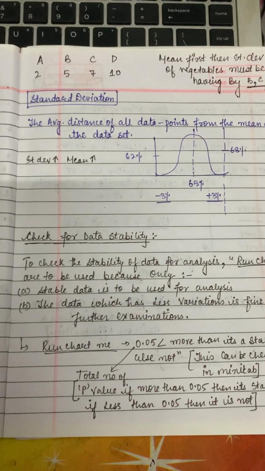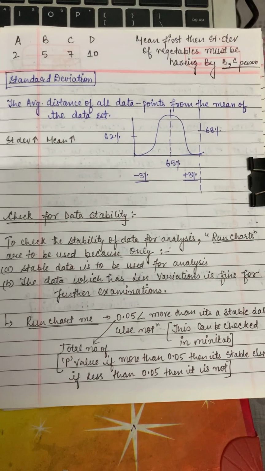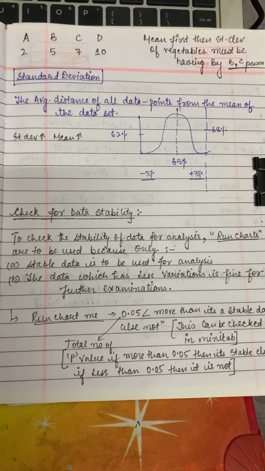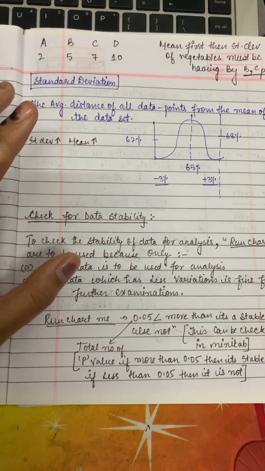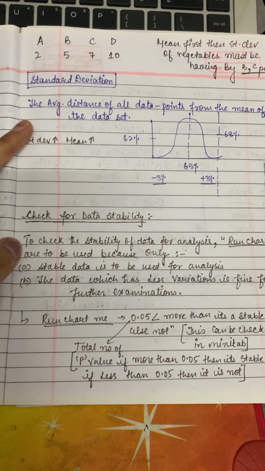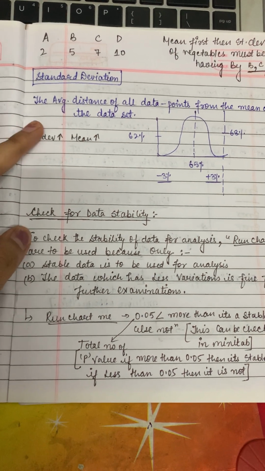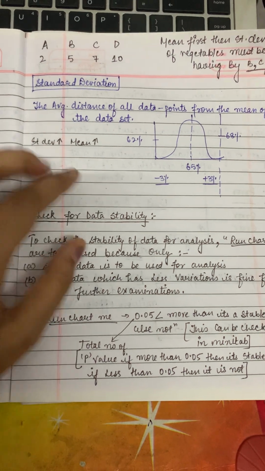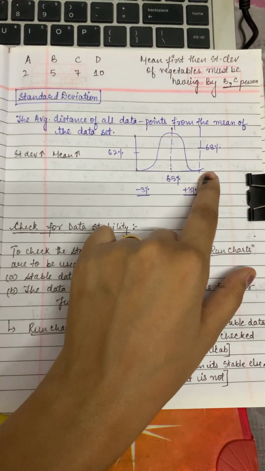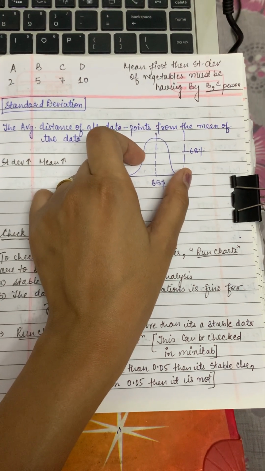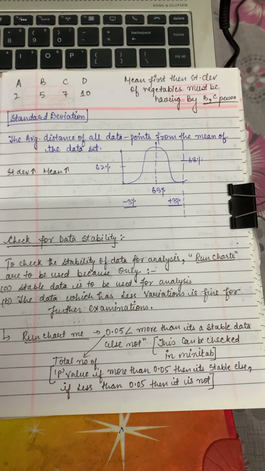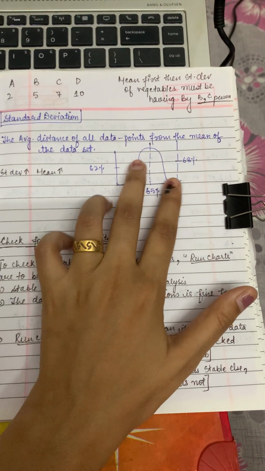Another one is standard deviation. Probably people are not very sure what it means, but it revolves around the mean. We have the average of the data and we need to know the standard deviation. Suppose this is the bell curve I have created. This shows the basic dispersion of the data.